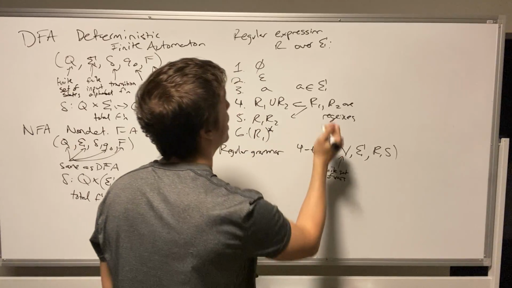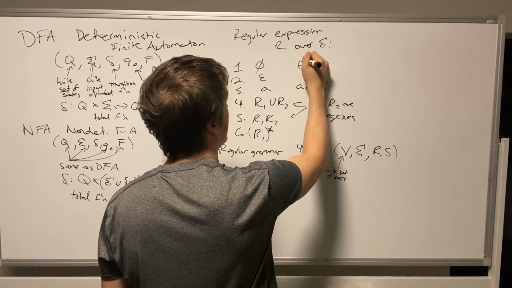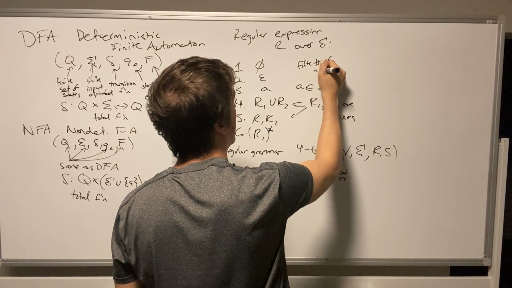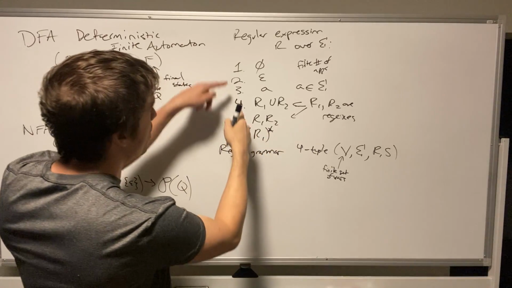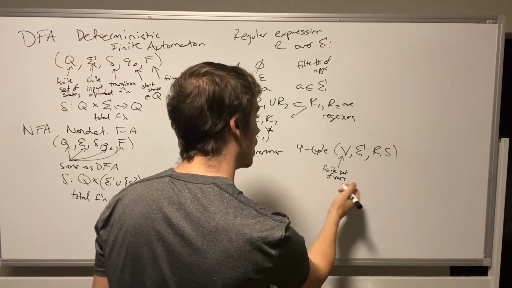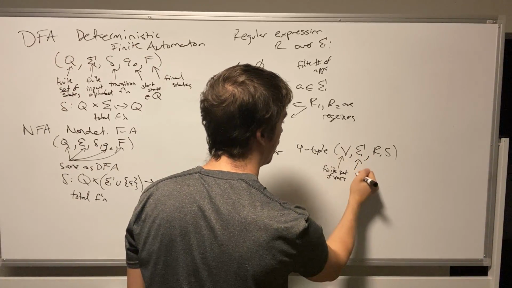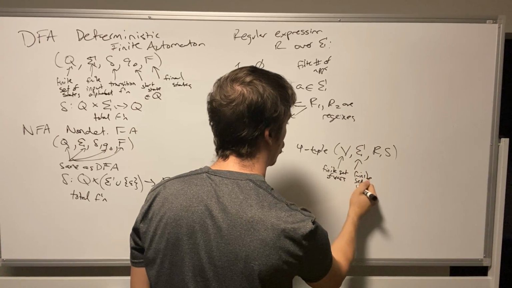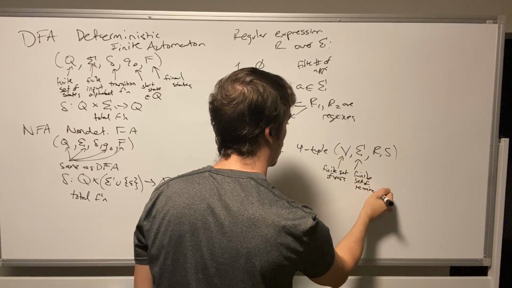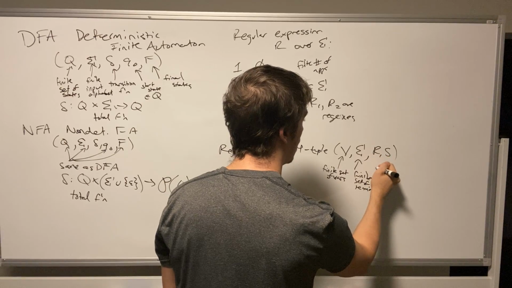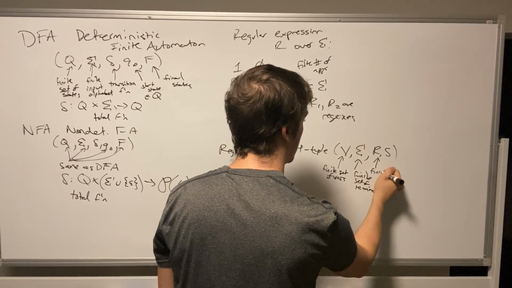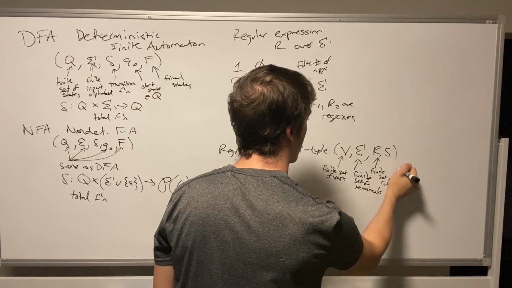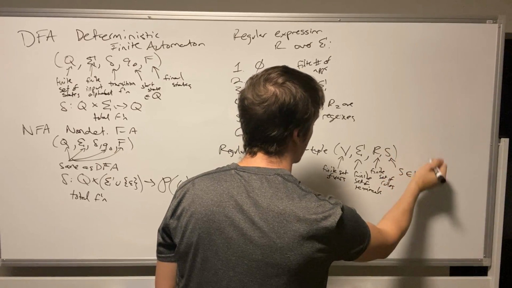And actually I needed to say that this is a finite number of applications, so a finite number of the recursive cases. So a finite set of variables, a finite set of terminals, a finite set of rules, which I'll get to in a sec, and S is the start variable, which is in there.